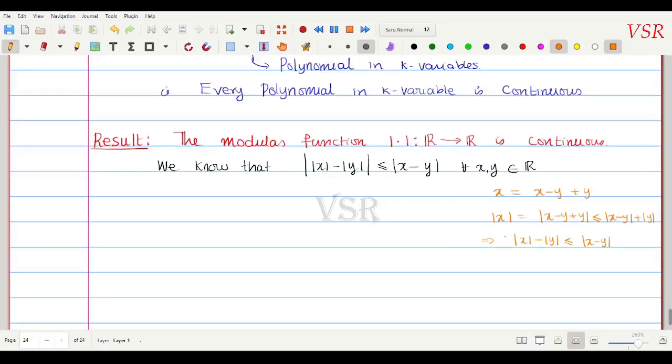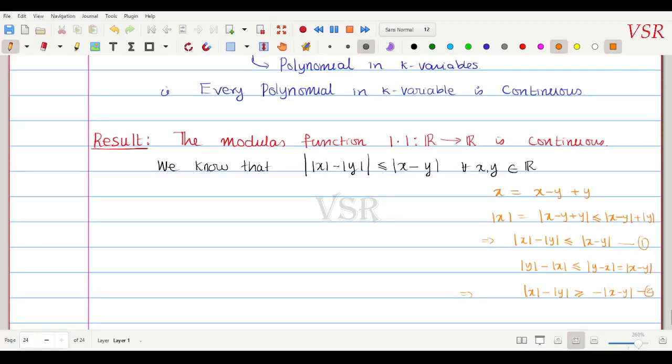Similarly, நான் என்ன பண்ணலாம், interchanging the role of x and y, we get modulus of y minus modulus of x, which is less than or equal to modulus of y minus x. ஆனா இது யாரு? modulus of x minus y தான். அப்ப இதுல ஒரு மைனஸ் போட்டுக்கலாமா? அப்ப மைனஸ் போட்டீங்கன்னா என்ன கிடைக்கும்? modulus of x minus modulus of y is greater than or equal to, ஒரு மைனஸ் கொண்டு மல்டிப்ளை பண்றேன், அப்ப இன்இக்வாலிட்டி மாறிடும், minus of modulus of x minus y. அப்போ இது 1, இது 2.